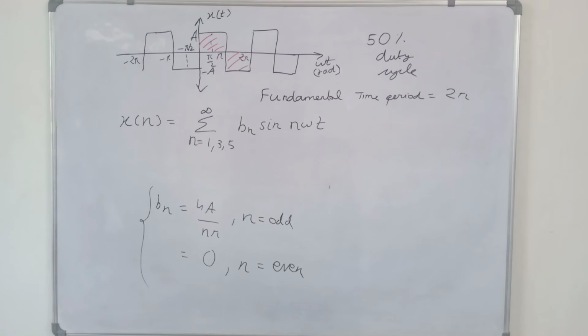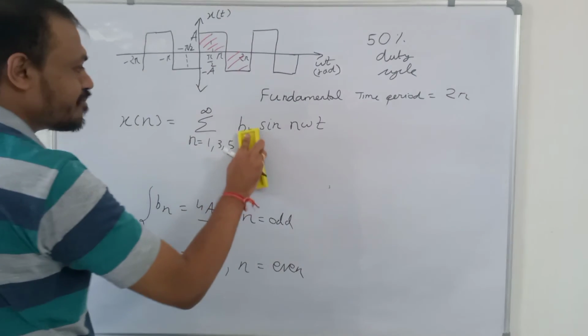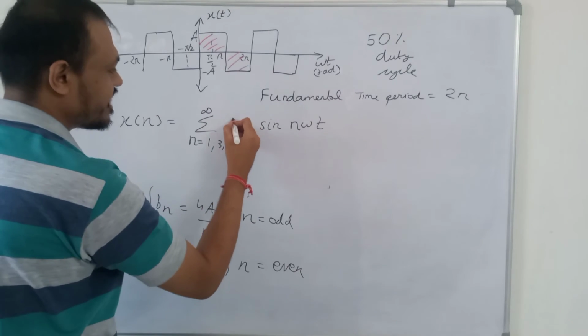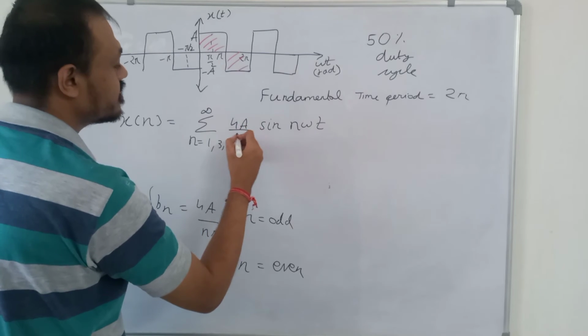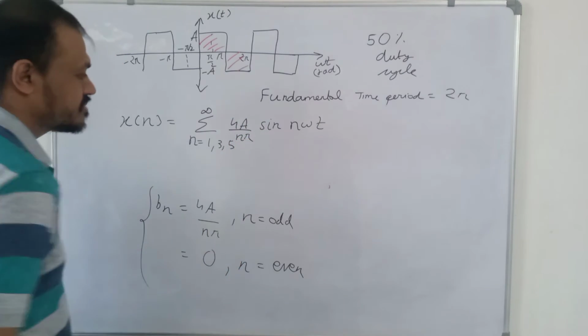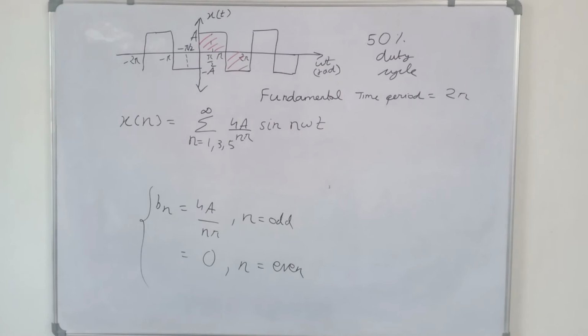So this will be our formula. And Bn we have found out to be 4a upon n pi, where n is odd only because for n even Bn will be 0. So this will be equal to 4a upon n pi sine of n omega t.